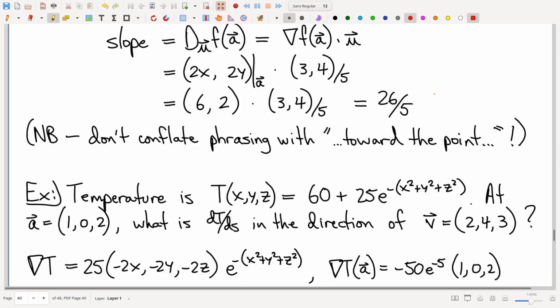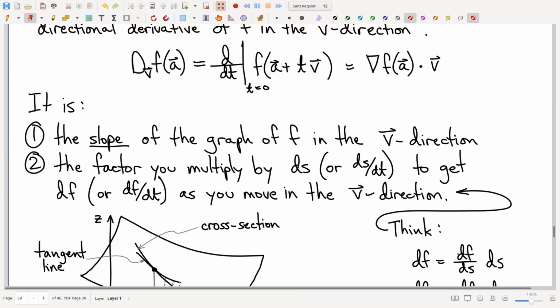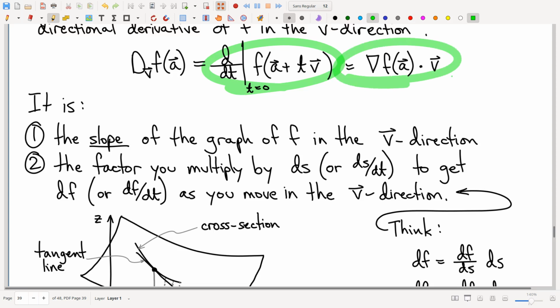The thing is, you come back to this list of properties, and even without the unit vector requirement, let's see, I better erase all of this. Even without the unit vector requirement, this is still equal to that, which is still a useful thing because it tells you how fast the function is changing as you move with a certain velocity. Still an important concept.